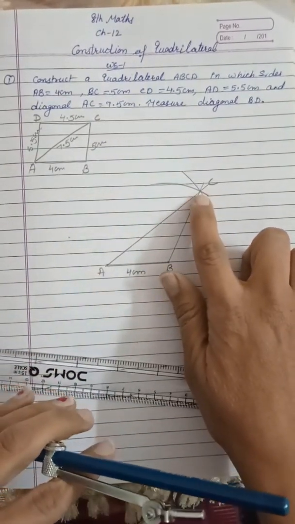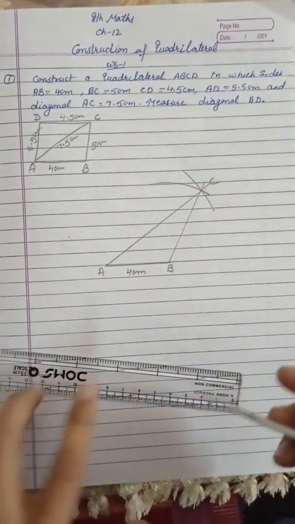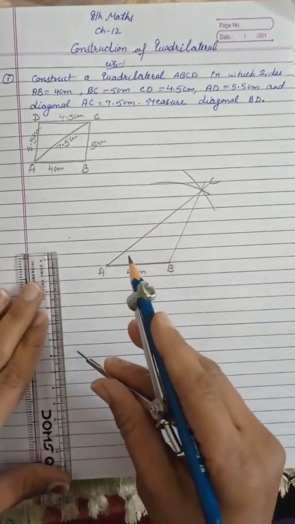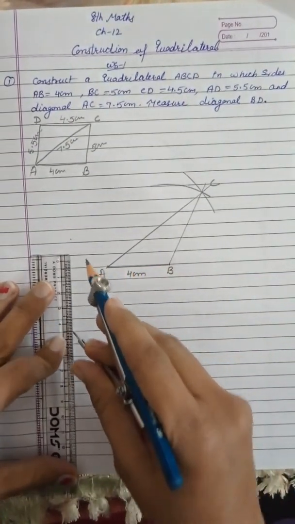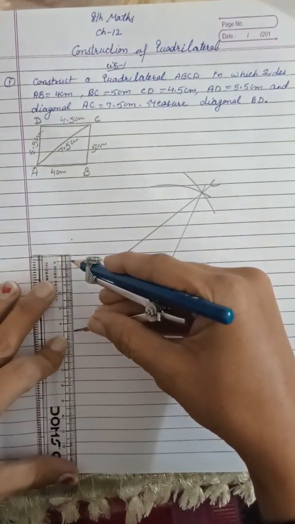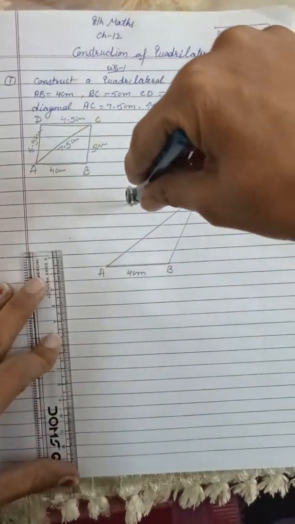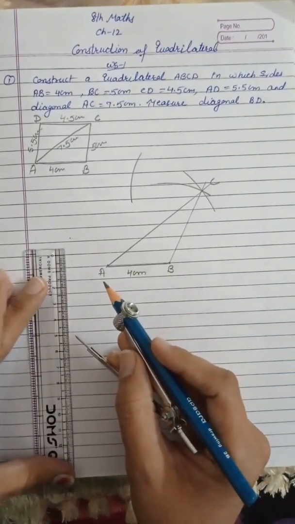Now you also know the distances of C to D and A to D. Now with the help of this C point you get point D. Firstly measure 4.5 centimeter, that is CD. Open your compass radius to 4.5. Put the pin point at C and draw an arc.